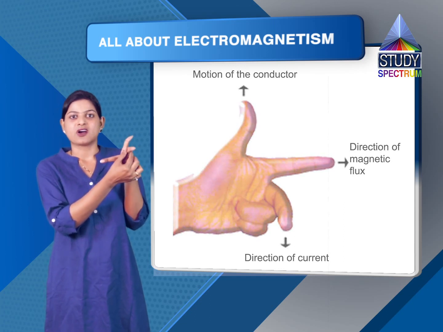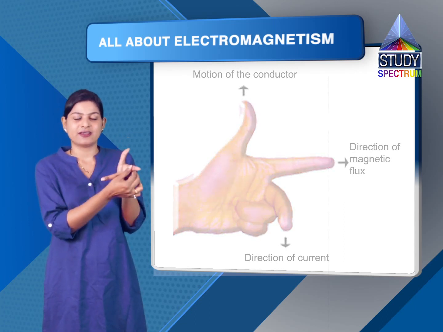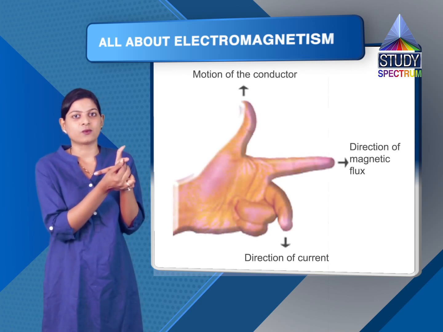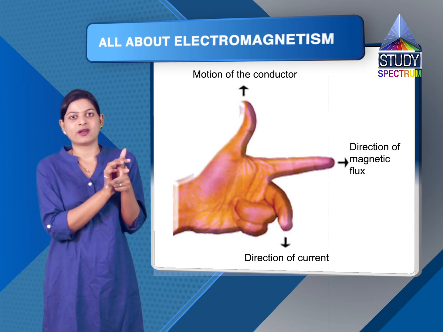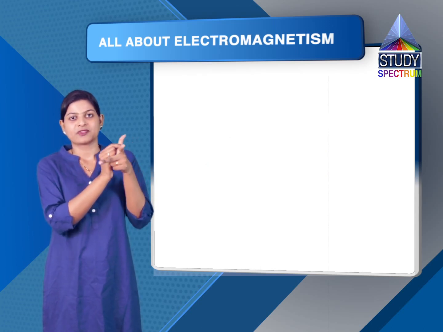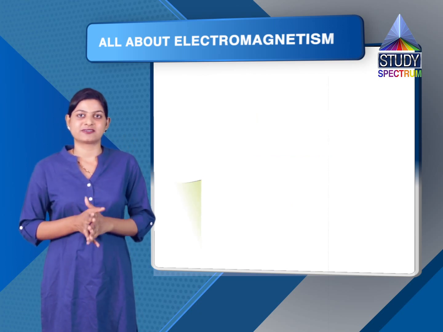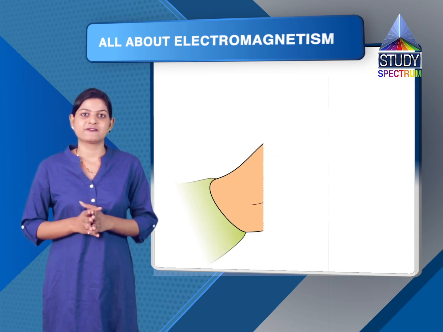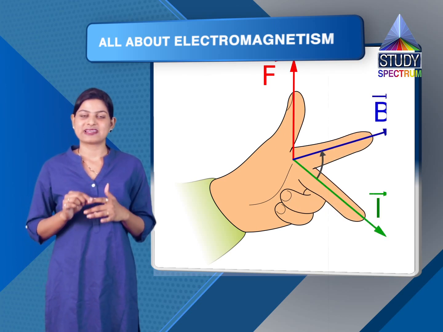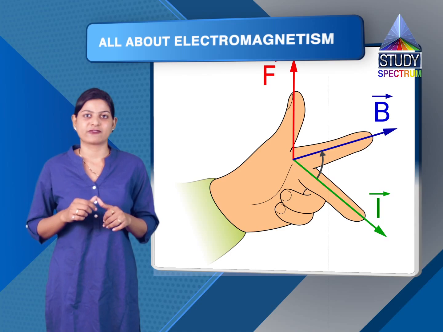And because of this magnetic field, a mechanical force is applied to do mechanical work in the upward direction as given by the thumb. So Fleming's left hand rule gives the proper direction to current, magnetic field as well as the force applied.